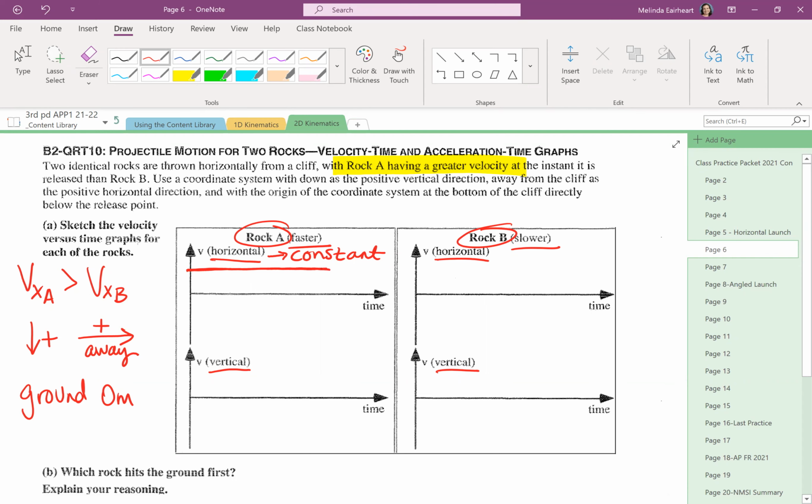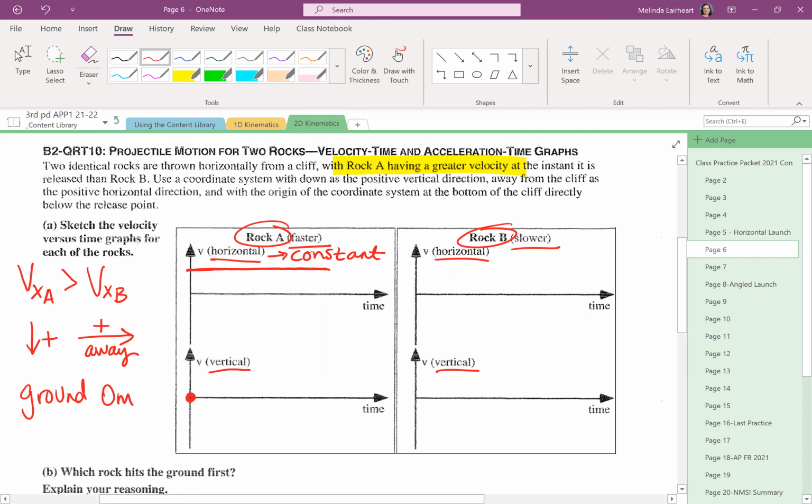What about the vertical velocity for A? So just A alone, when you throw it horizontally, what's the initial velocity in the vertical? 0. You don't throw it up or down. And so the only number we can say is 0.